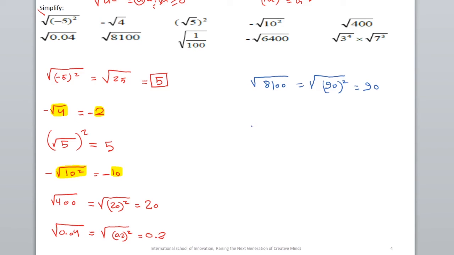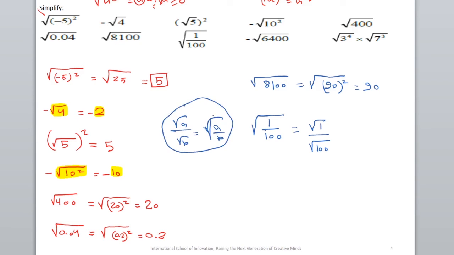Radical 1 over 100. I will use the formula that I used before, from the last slide in the lesson, the 3 rules. Radical 1 over 100 is equal to radical 1 over radical 100.